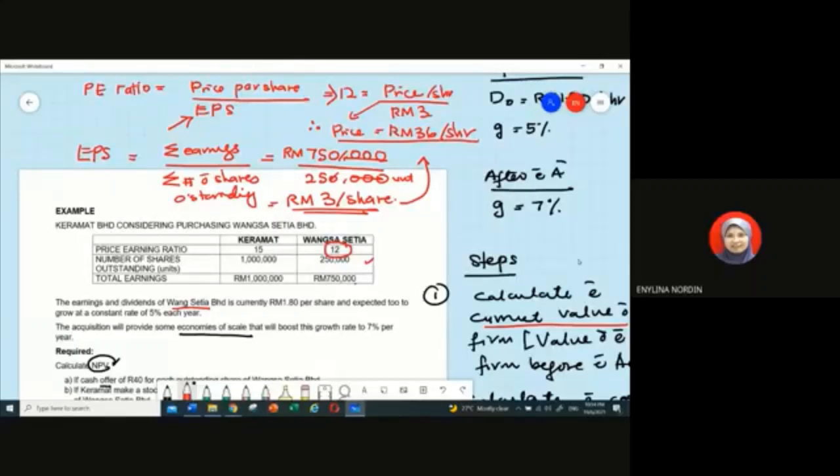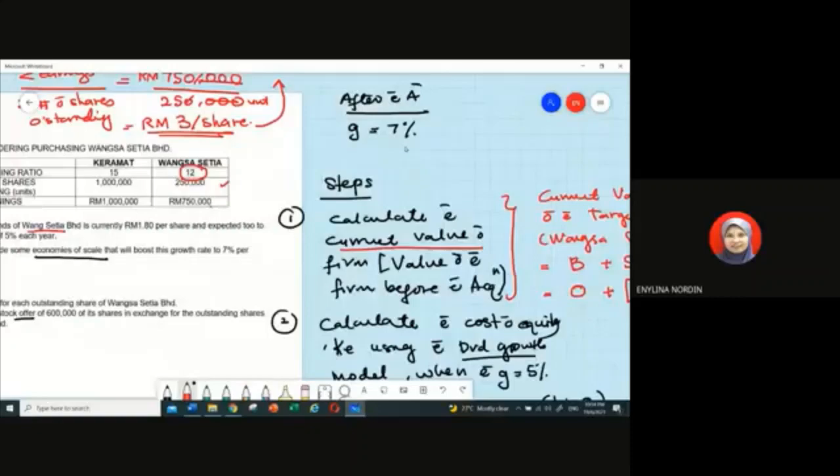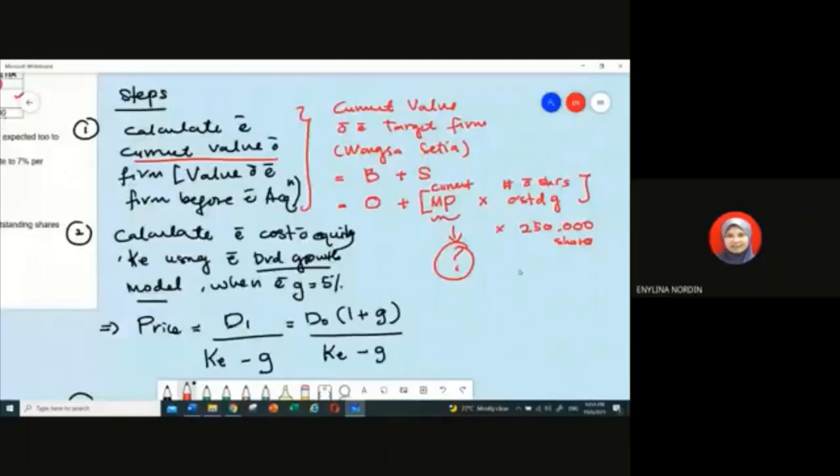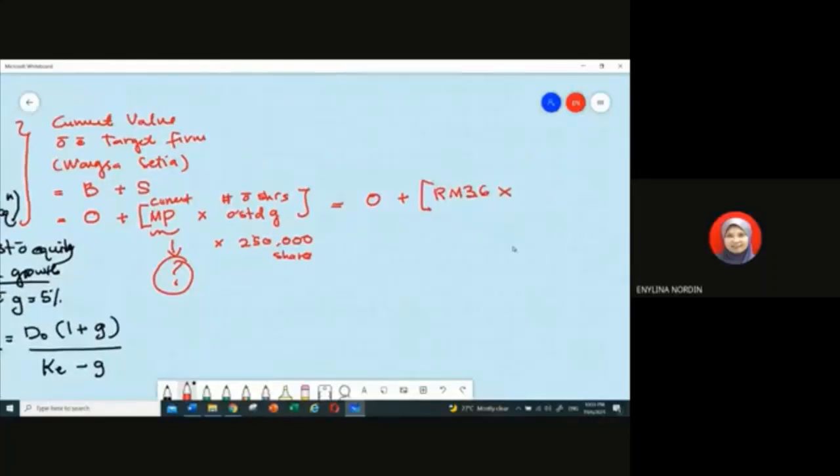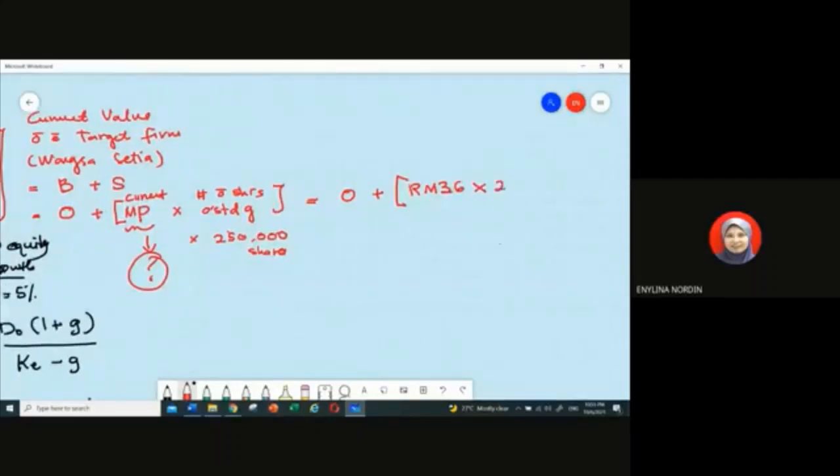Having that calculation, straight away we can find the current value of Wangsa Setia, which equals 0 plus the current market price, 36 ringgit, multiplied by the total shares outstanding in Wangsa Setia, 250,000 shares.